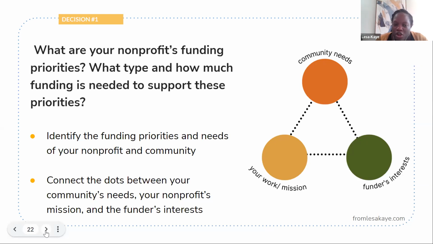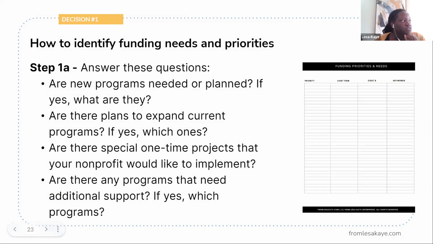So your needs are important, but your needs are really focused on what you need in terms of funding and partnership to help support the community's needs. So that's why it's your nonprofit and the community. Identifying both of those priorities and needs helps you complete this sweet spot and connect the dots. So this is how you start.